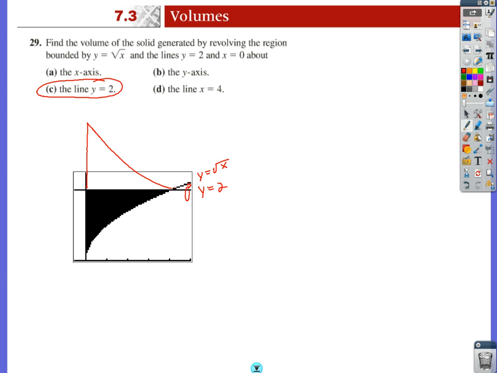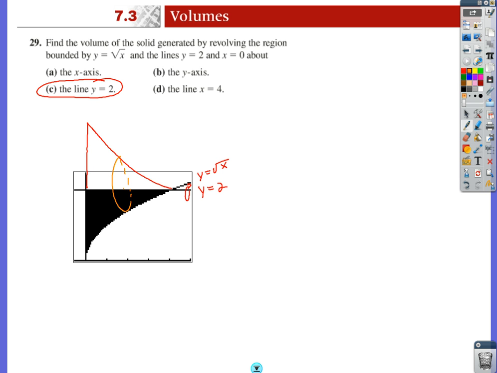Alright, so now what I want to do is find out what my radius is. The best thing I could say is that when I'm doing my circle here, I have to figure out what my radius is. Well, the center of my circle is always what I'm rotating around.